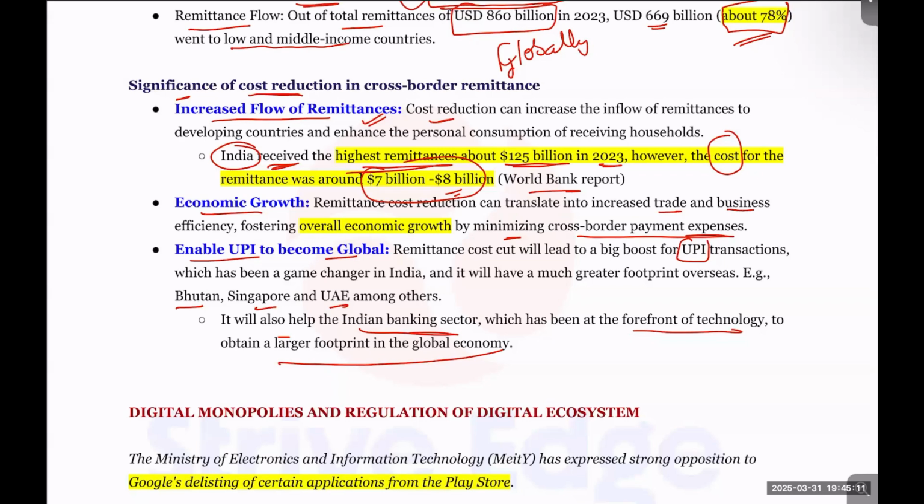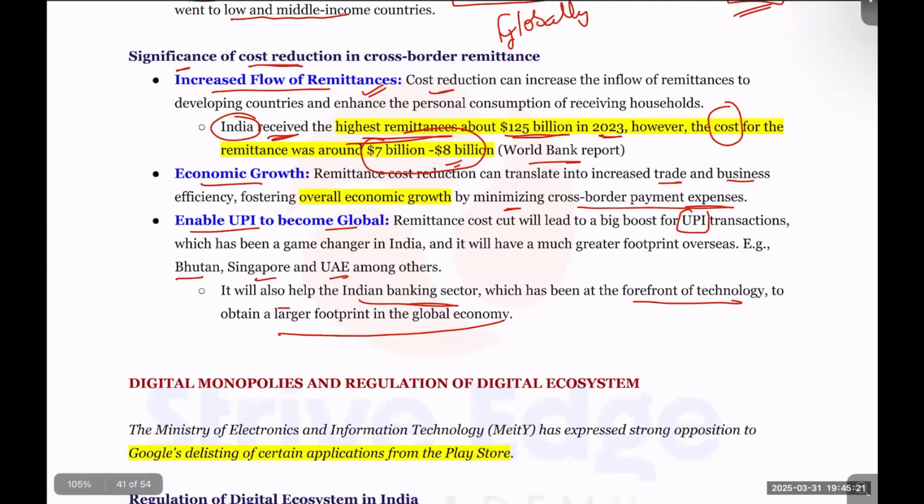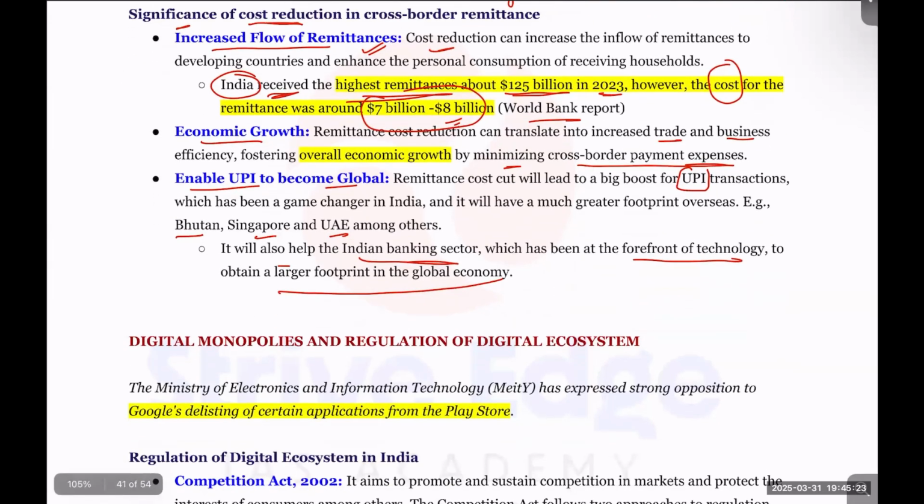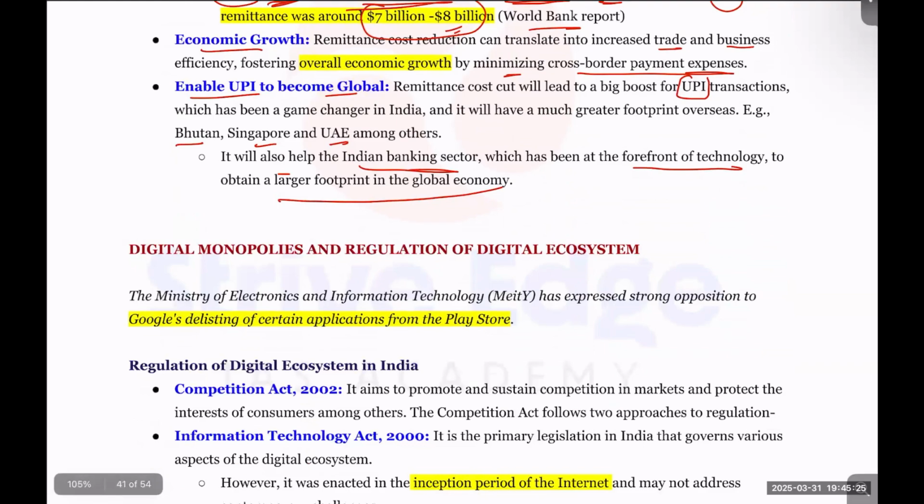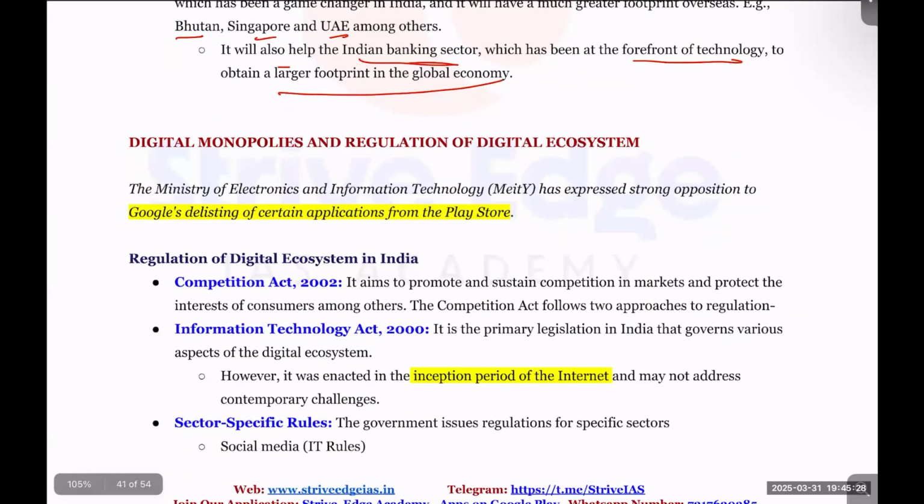So India's banking sector will improve to a large extent. This is the benefit of reducing the cost of remittances for India. That's why India has proposed this model to decrease the cost of remittances.